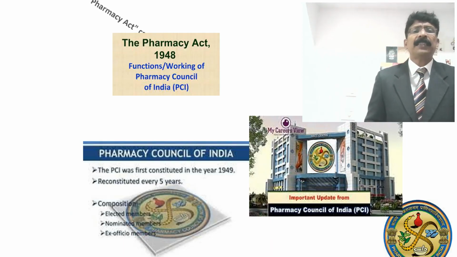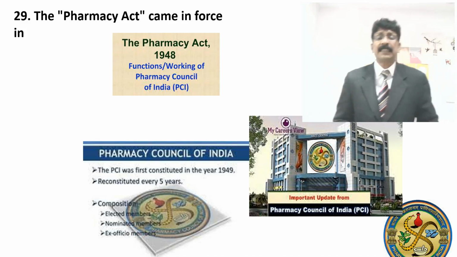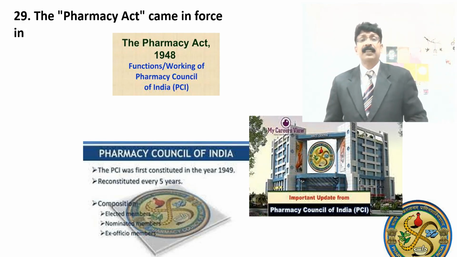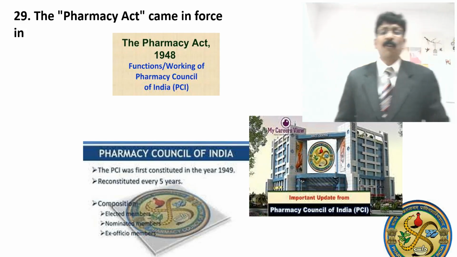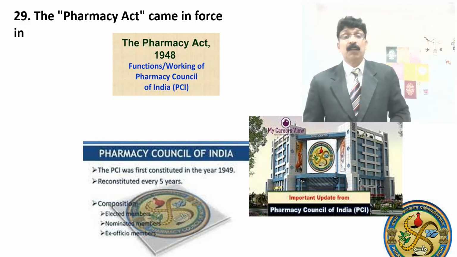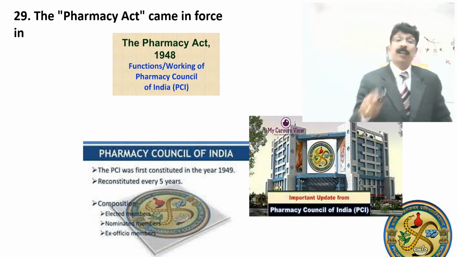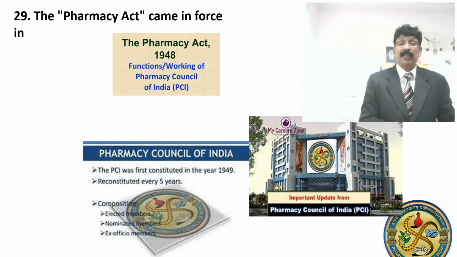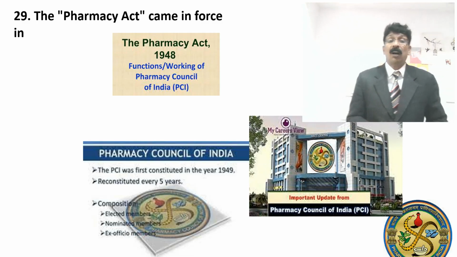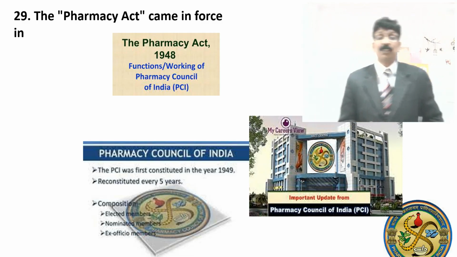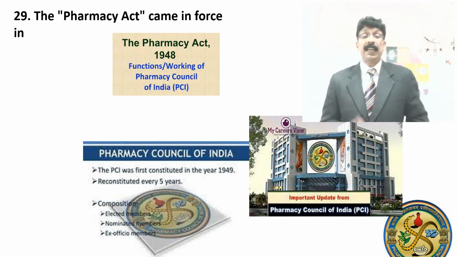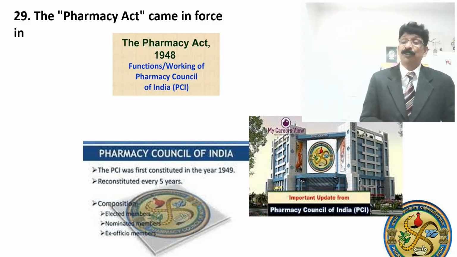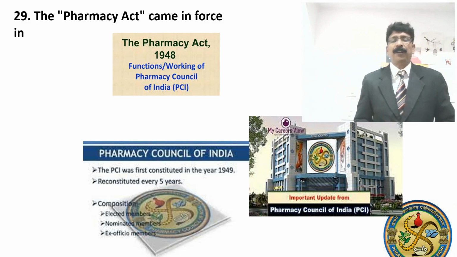Next question: the Pharmacy Act came into force in which year? Actually the act is 1948. The Pharmacy Council of India was constituted in 1949. The act is in 1948, but the Pharmacy Council of India was constituted for 5 years in 1949, and it contained elected members, nominated members, and ex officio members. These are all things students should remember; they may ask questions like this.